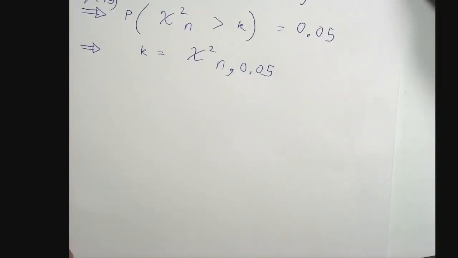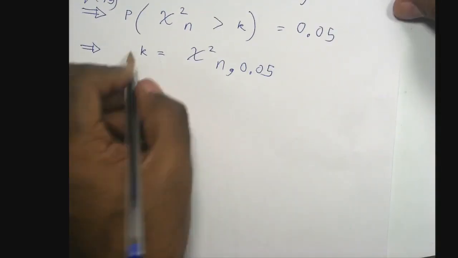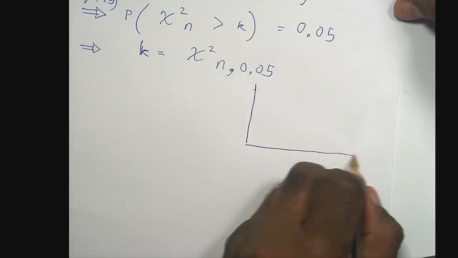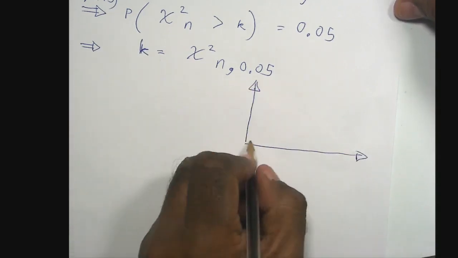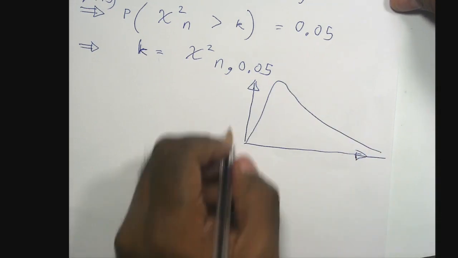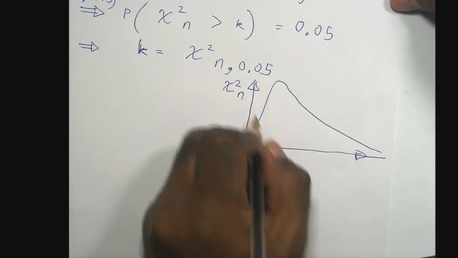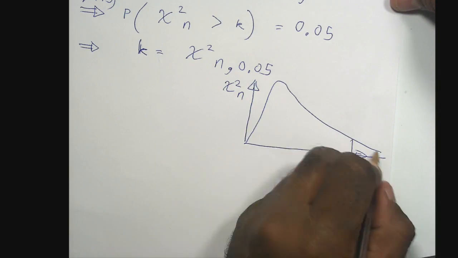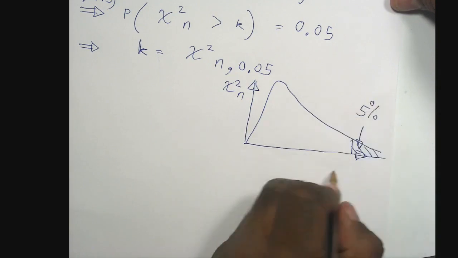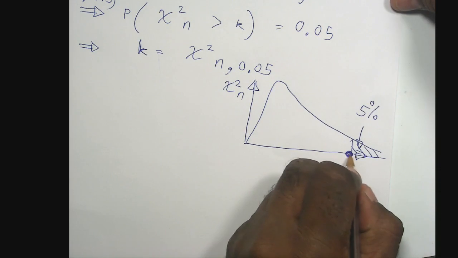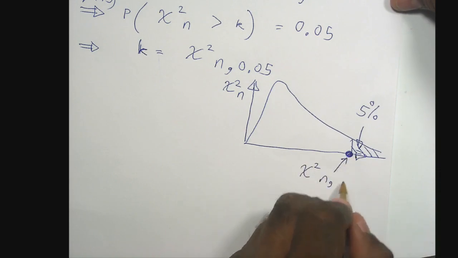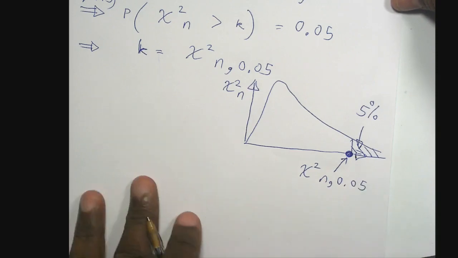Remember. So that answers part 2 of question 2. Remember the way I define percentiles is like this. If this is the PDF of chi-squared with n degrees of freedom, and if this is the 5% area, then this point here is the chi-squared n comma 0.05, right?